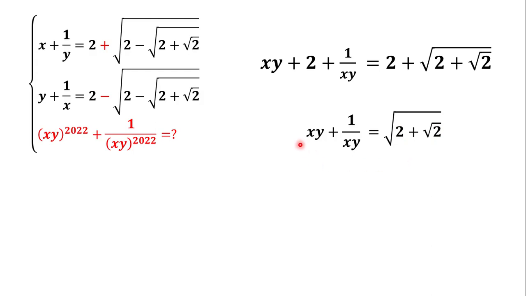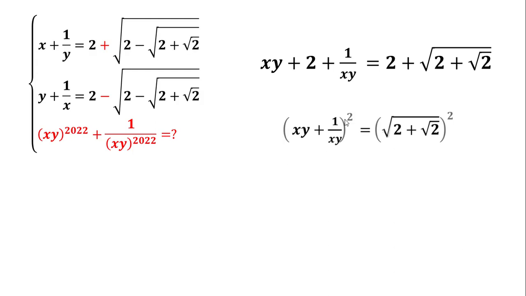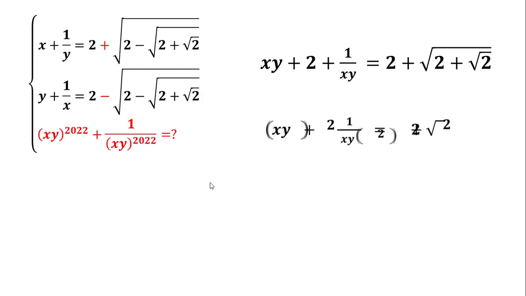Now we can raise both sides to the power of 2, and we're going to get (xy plus 1 over xy) all to the power 2, that becomes (xy) to the power 2 plus 2 plus (1 over xy) to the power 2, and the square of radical of 2 plus radical 2 equals 2 plus radical of 2.